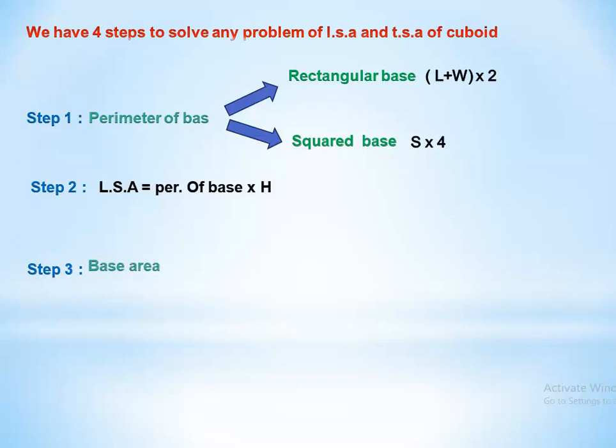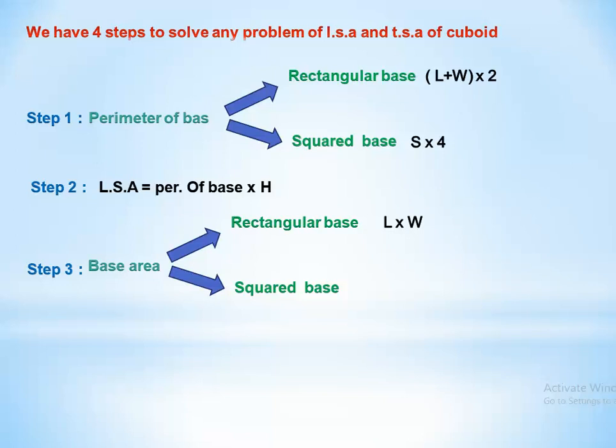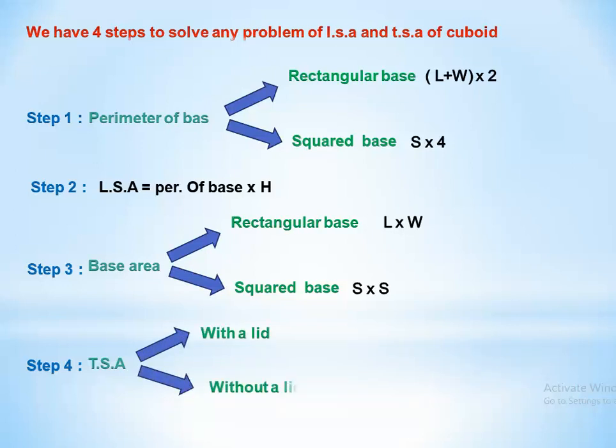Step 3, base area: rectangular base, length by width; squared base, side by side. Step 4, calculating TSA, with a lid or without a lid. With a lid, it will be LSA plus 2 times base area. Without a lid, LSA plus base area.